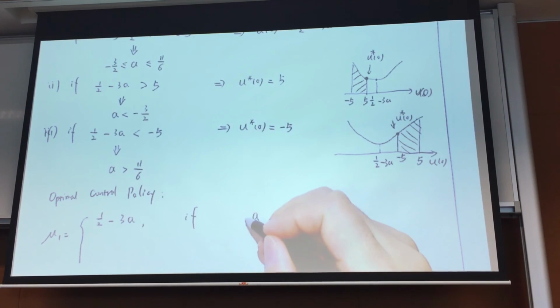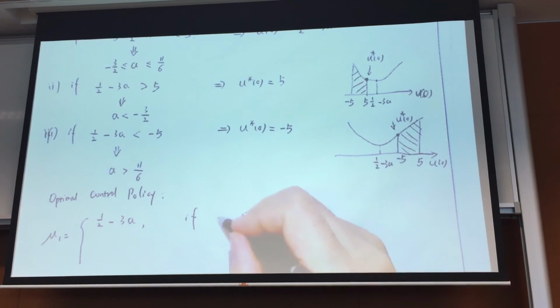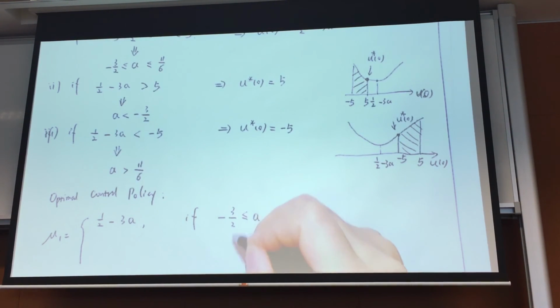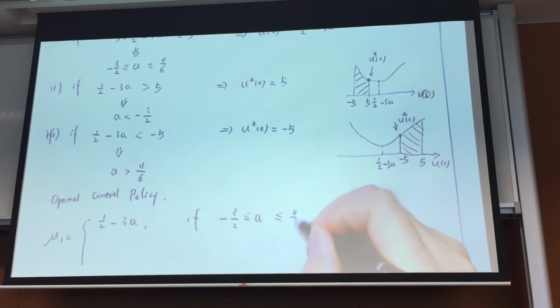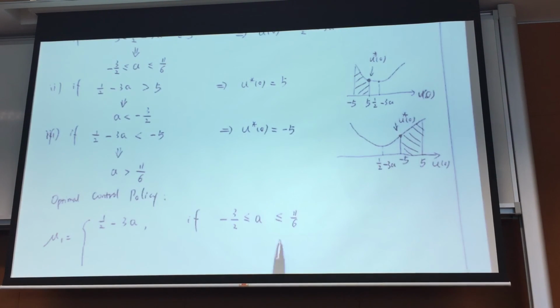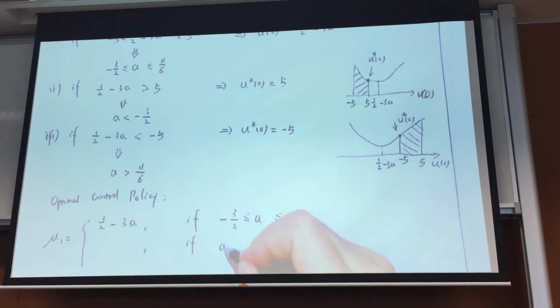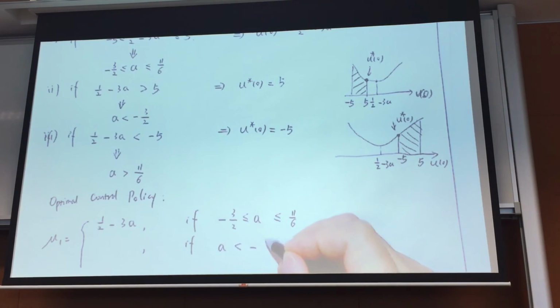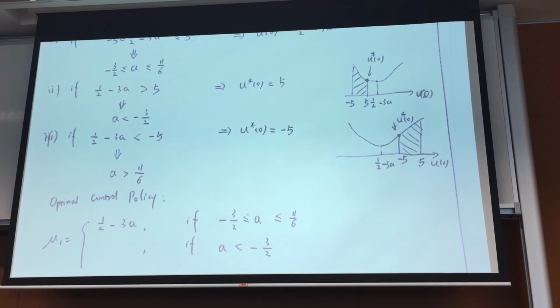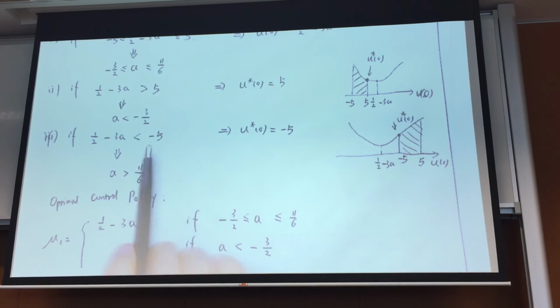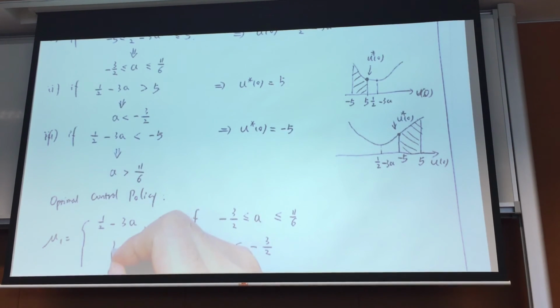If a is given and between this range, we will arrive at the global minimizing point. If a is smaller than minus 3 over 2, we get the minimizing point to be 5.